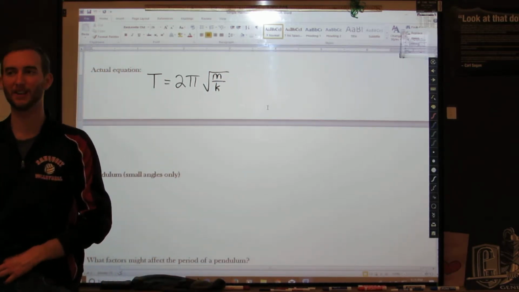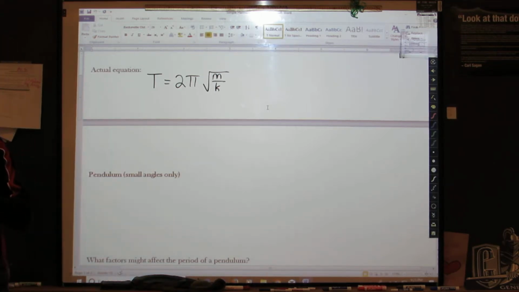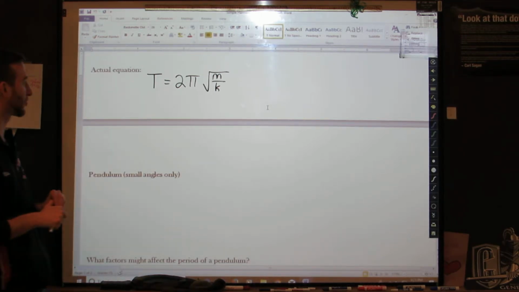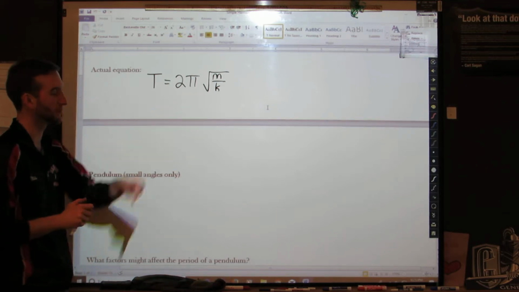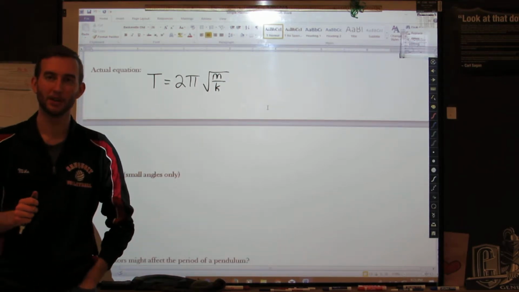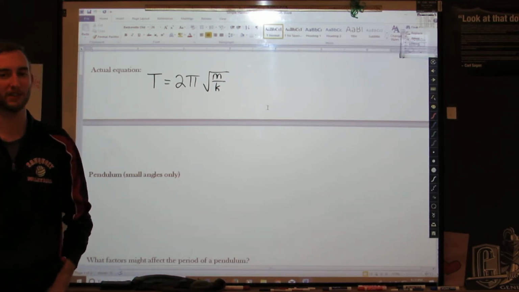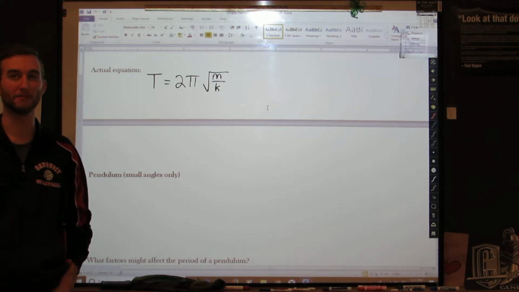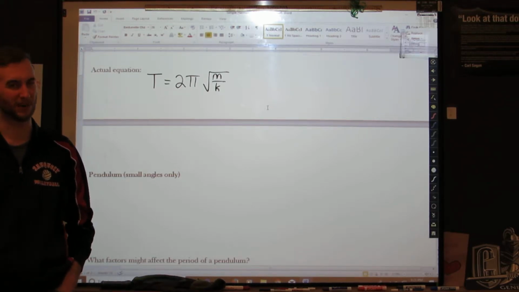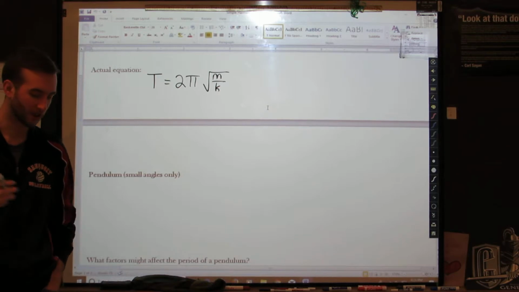That's why I didn't want to say that they were directly proportional or inversely related, because there's a square root in here. I'm not going to speak about why the 2 pi shows up. There are ways to derive this from Newton's laws and equations, but it's pretty far above the level of this course. So we're just going to leave it.